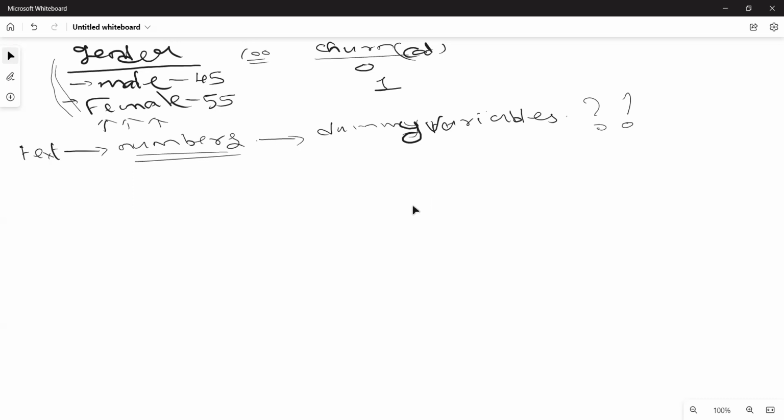We cannot plot a graph with text. See, for plotting the graph, as long as it is a two-dimensional graph, it is okay. But if I have 10 or 15 features, then even plotting a graph is going to be impossible. Even if I have the text, I can do a count plot. That is not an issue, but that is not the reason.